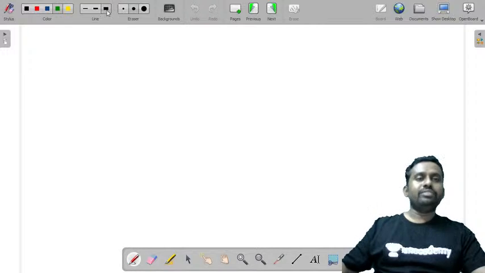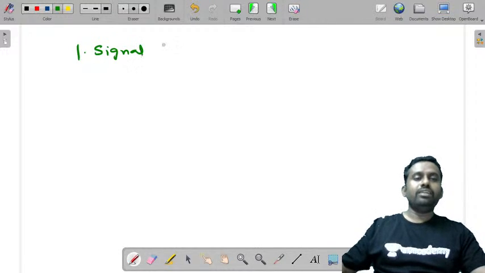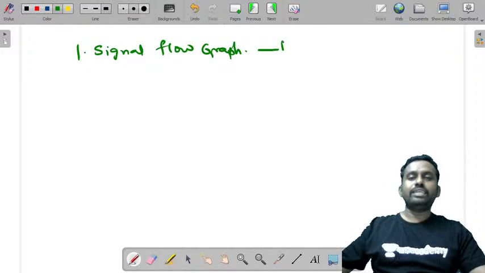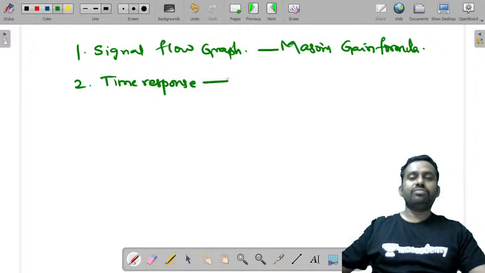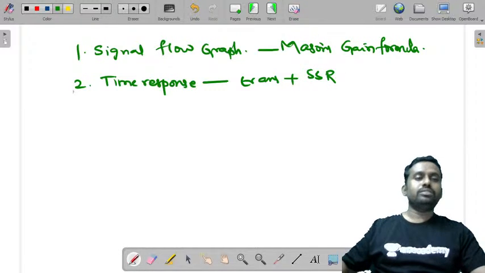So today, takeaways from today's class are, we have seen what is signal flow graph technique. In that we have seen what is Mason's gain formula and a problem based on that. Then we have seen what is time response, which is combination of transient and steady state response.